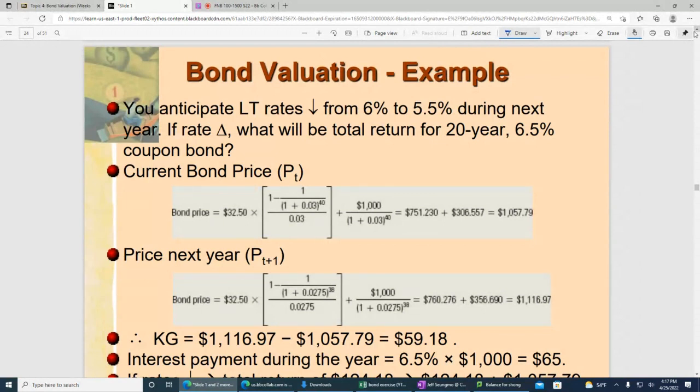The present value depends on the discount rate. If the discount rate is high, present value will be low. If the discount rate is low, present value will be higher. The stock market has been benefiting a lot from the low interest rate for the last decade, since the 2008 financial crisis, because the benchmark interest rate was 0 to 0.25%.